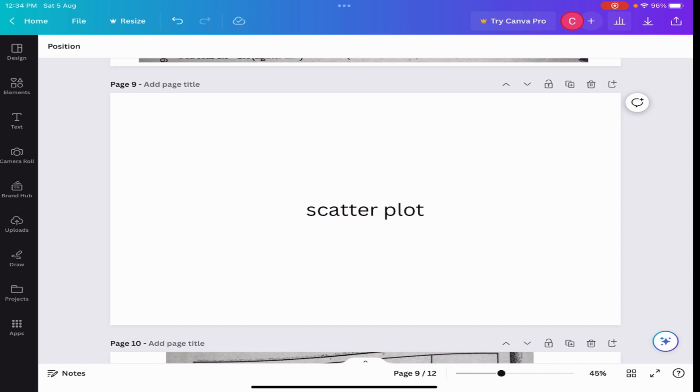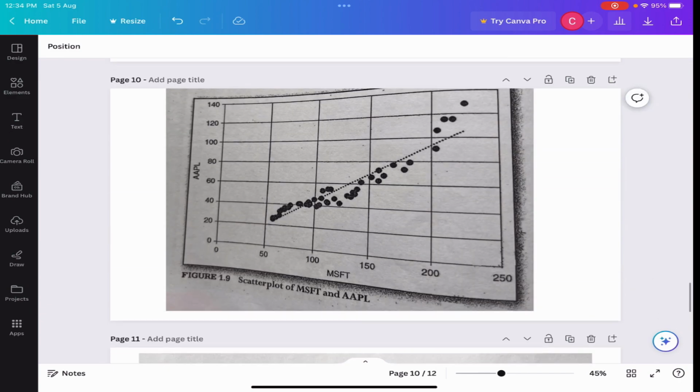It's going to be interconnected. So a scatter plot was a chart which was helping us portray the correlation between two charts, and it used to make a linear line which shows the correlation between two stocks.